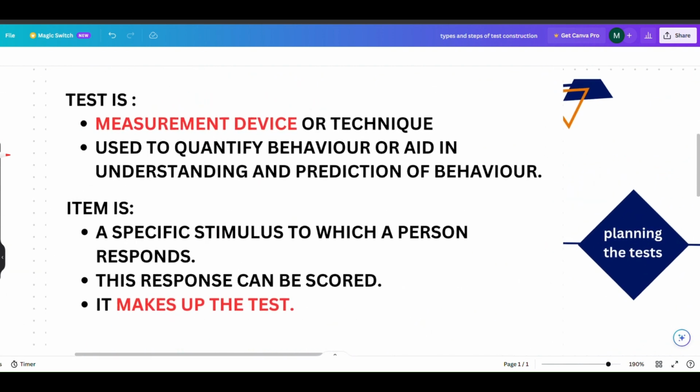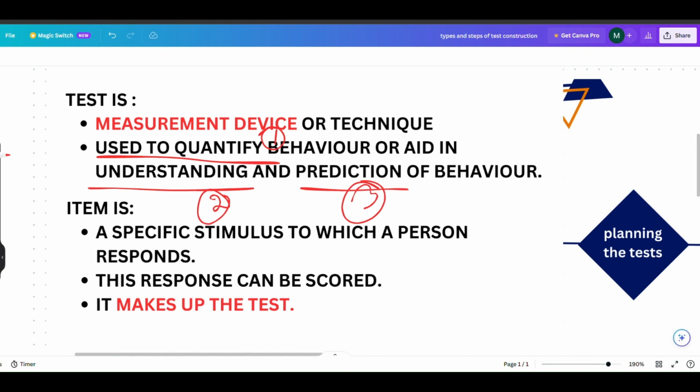Test in simple terms is a measurement device which is used to quantify behavior or aid in understanding or predict behavior. Any kind of test.